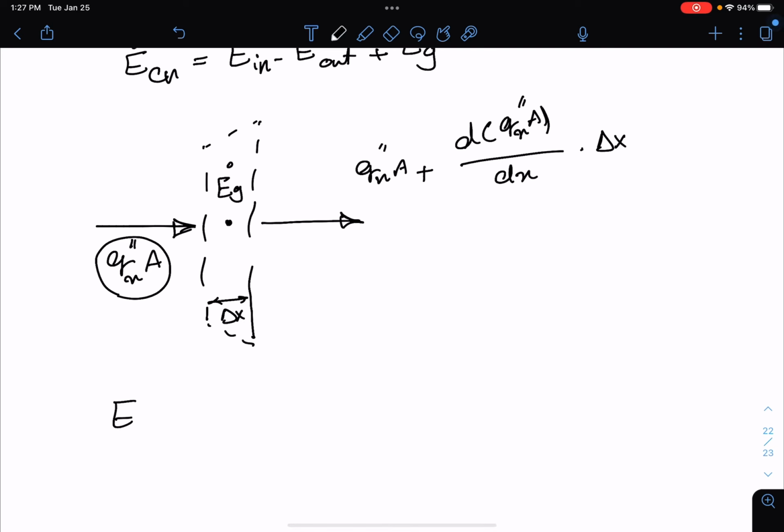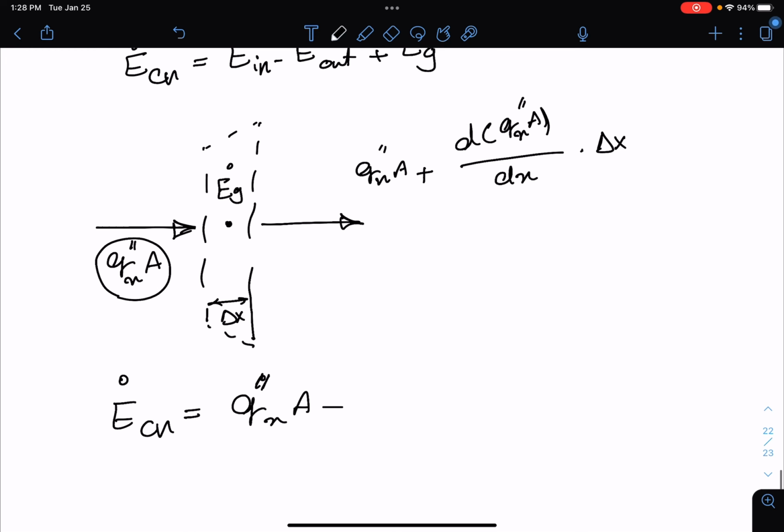So E dot of this control volume, the total changes of energy inside the control volume, is equal to E dot in, which is Q double prime of x multiplied by the cross-sectional area, minus Q double prime times area, this is E dot out, plus the changes.